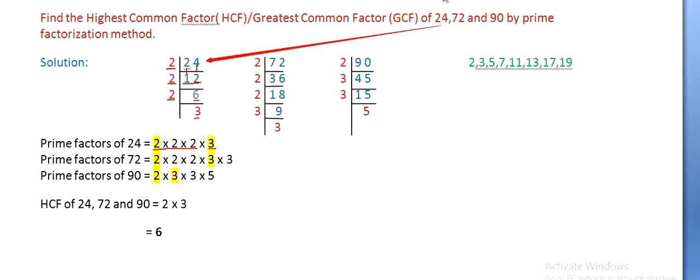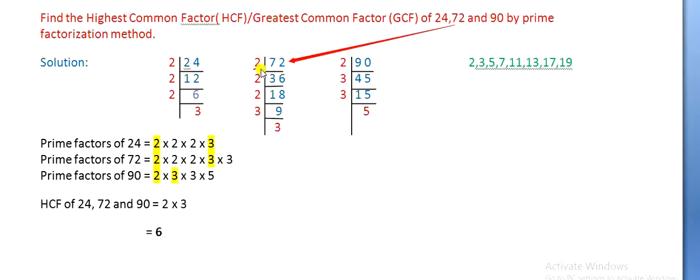Next, they are given a number 72. We took this 72 and we write like this here. And after this, we know that this 72 is an even as well as composite number. Again it is divisible by the first prime, that is 2.